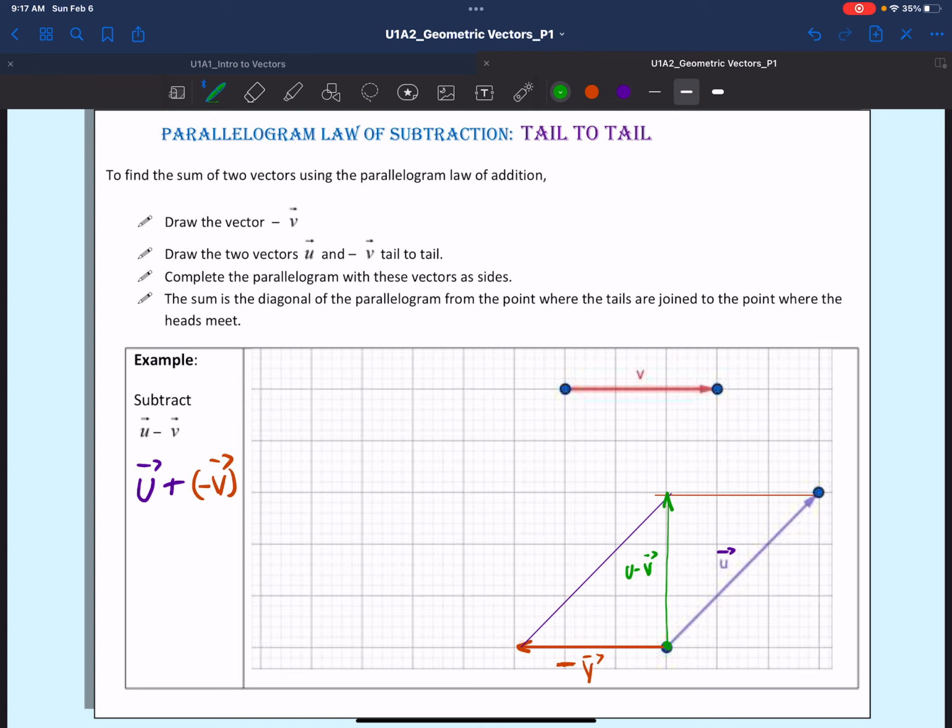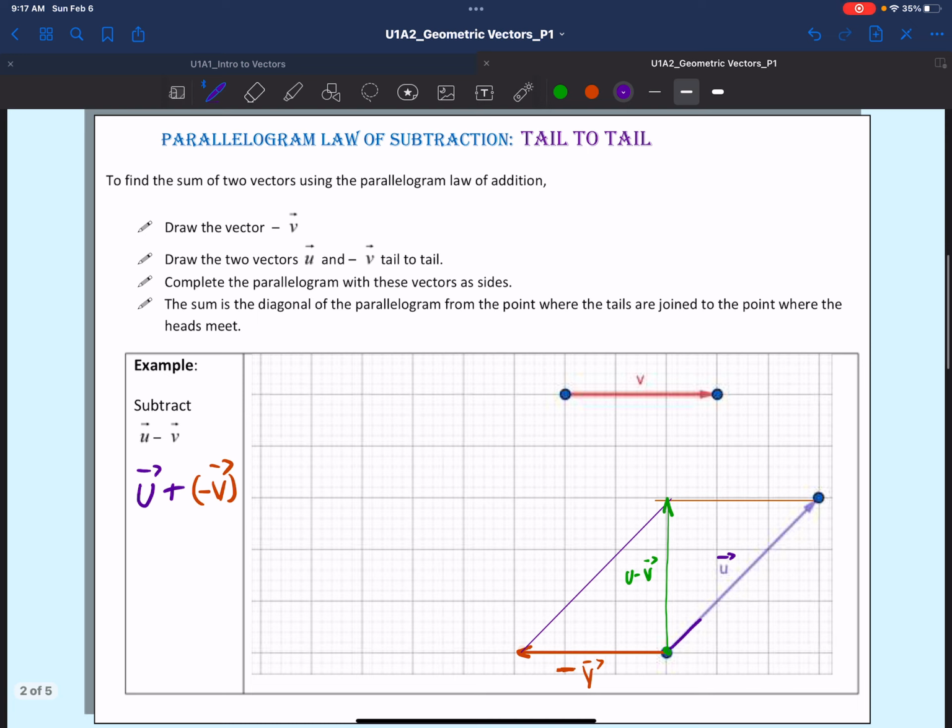Again, if we follow the triangle law of addition, it means that we're going to have vector u. Let me just place, oopsie. Here goes vector u. I'm going to bring it here so we have enough room.